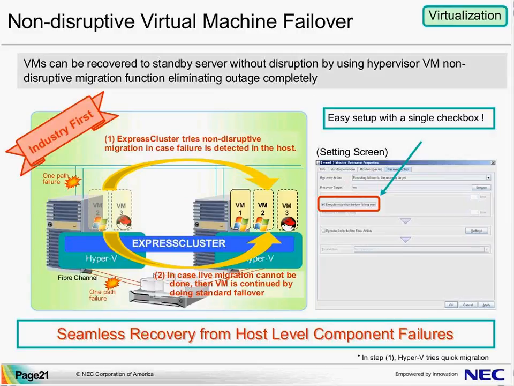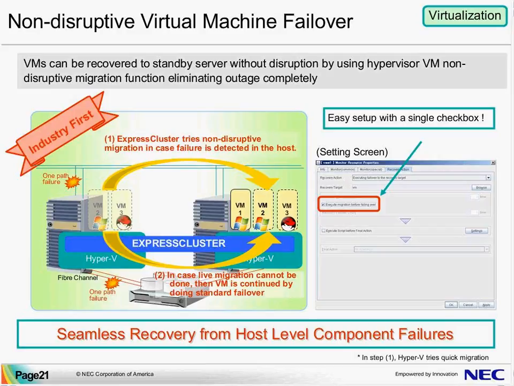And third, enhancements. These are key enhancements for managing virtual machine workloads, where ExpressCluster can now automatically try a non-disruptive failover that's based on the workload migration capabilities in the virtualization platforms themselves.